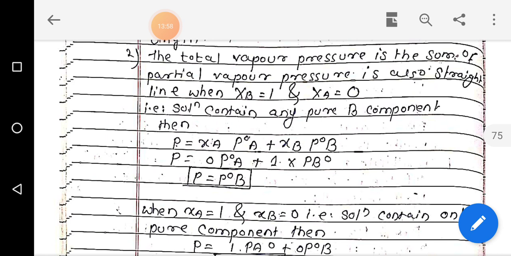The total vapor pressure, the sum of the partial vapor pressures, is also a straight line.